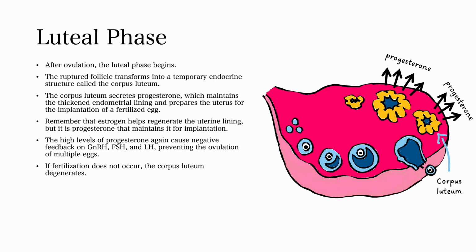And finally, we have the luteal phase. After ovulation, the luteal phase begins. The ruptured follicle transforms into a temporary endocrine structure called the corpus luteum. The corpus luteum secretes progesterone, which maintains the thickened endometrial lining and prepares the uterus for the implantation of a fertilized egg.